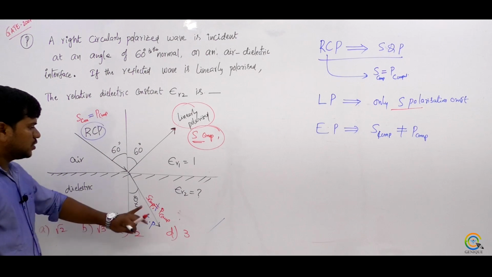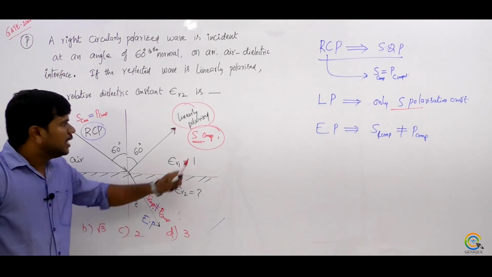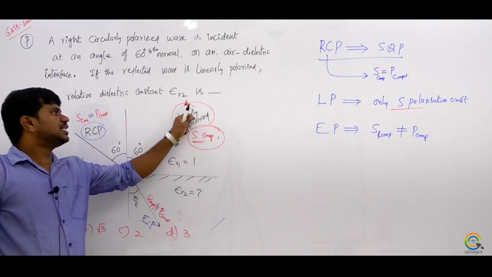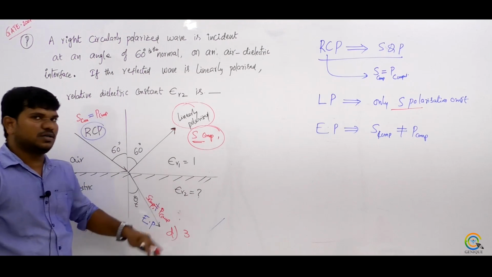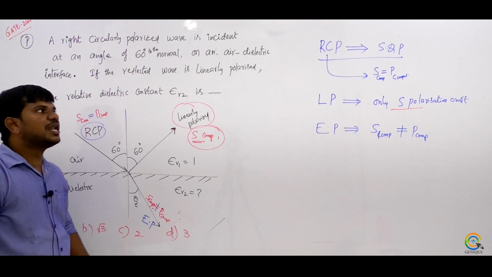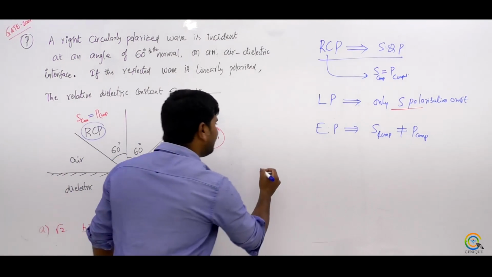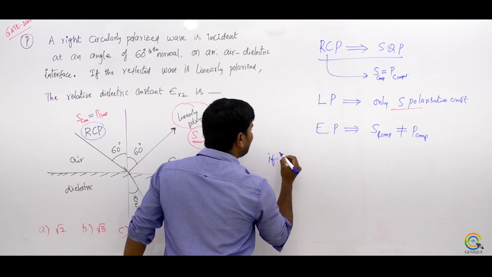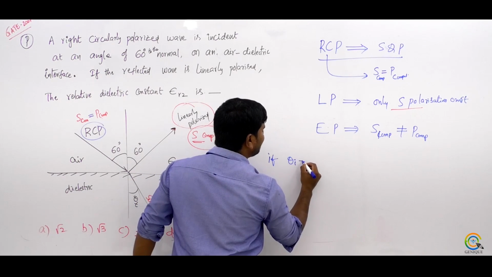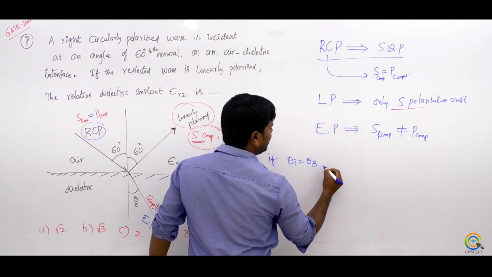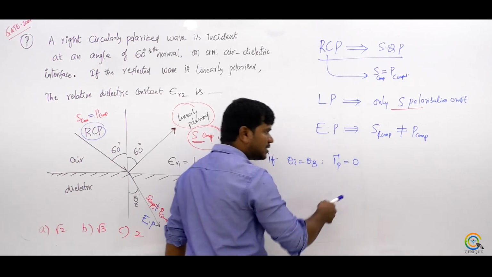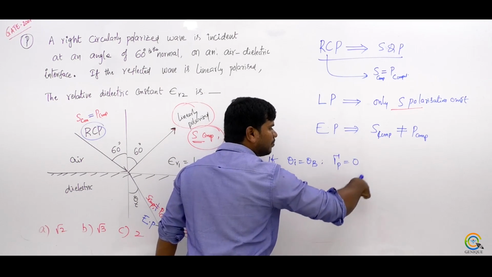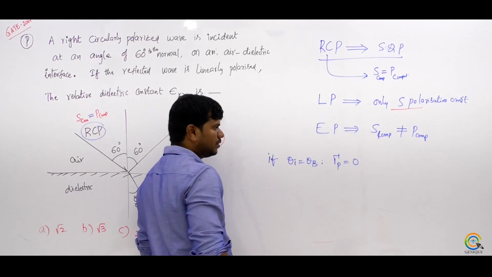Okay. So that means what? What's happening? Here only the S polarized, linearly polarized, means the P polarized wave is blocked. The P polarized wave will be blocked if and only if theta I is equal to theta B. Okay, the gamma P will be 0. That means the reflection of the P polarized wave will be 0.